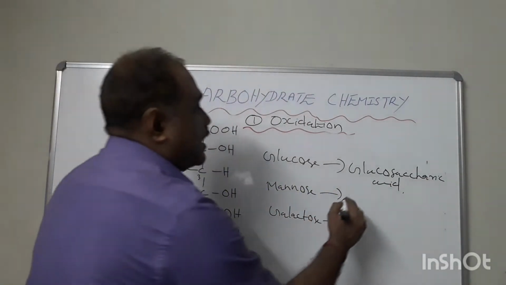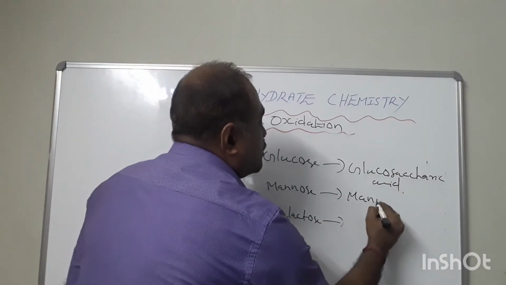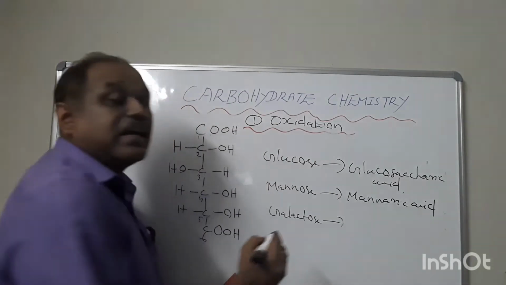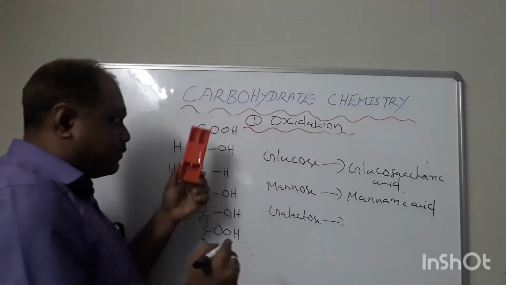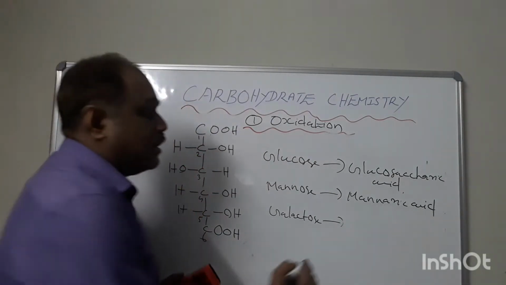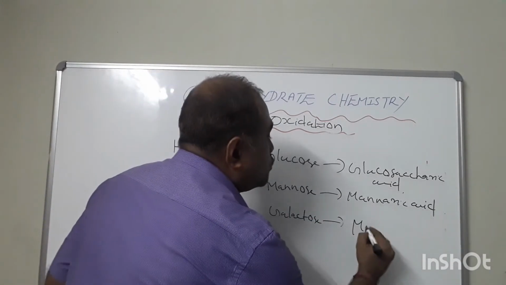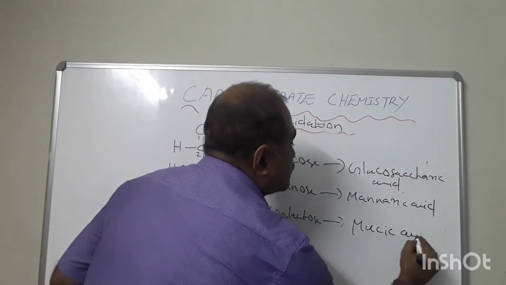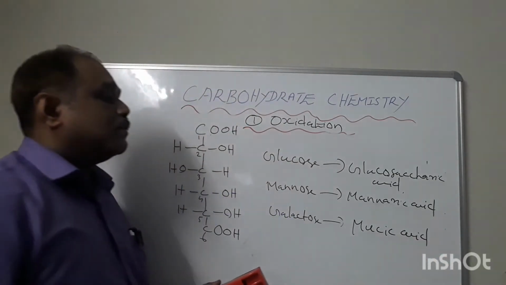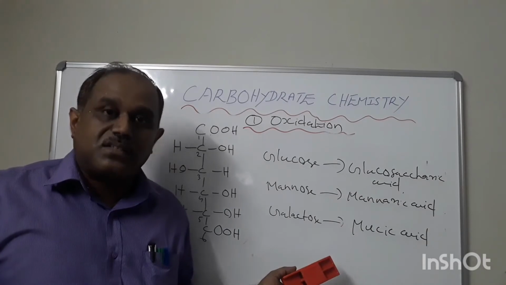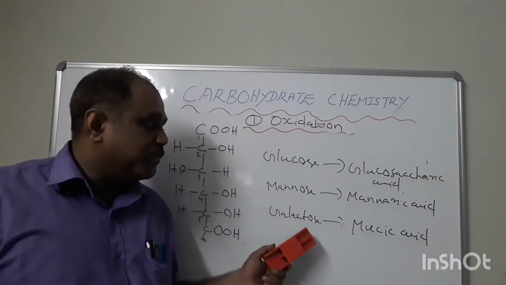Mannose, if oxidized, gives mannaric acid. And galactose, if oxidized at the first carbon as well as the end carbon, gives mucic acid. So formation of mucic acid is an important test for the identification of galactose.